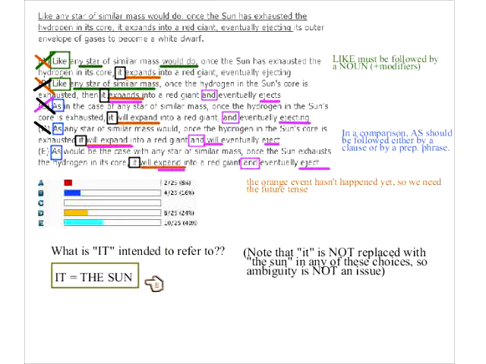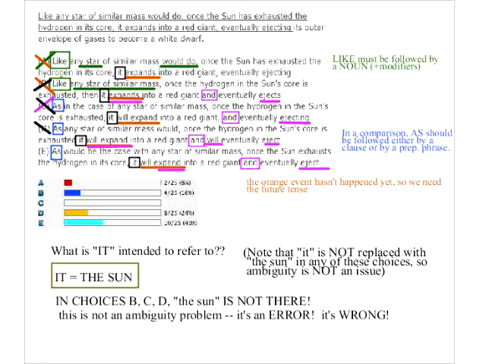From the meaning of the sentence, it is clearly intended to refer to the sun. So if the sun is not there, we don't want to waste our time assigning things. In choices B, C, and D, the sun is not there. This is not an ambiguity problem. It's an error. It's wrong.